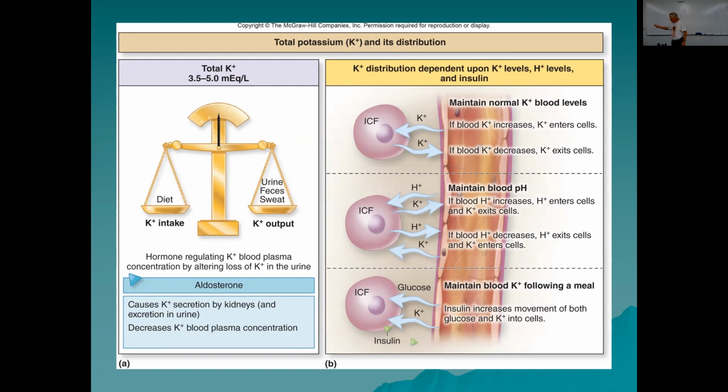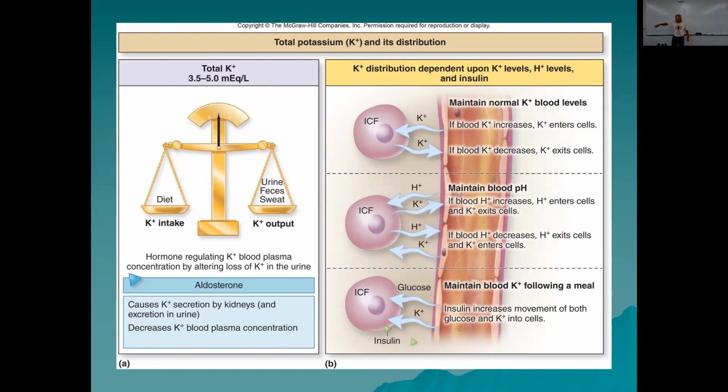Too much potassium will enter cells, or too much potassium exits cells if blood potassium decreases. Also, potassium has a role in maintaining blood pH, because if potassium leaves cells, hydrogen ion goes into cells and will raise the pH outside cells and lower the pH inside cells.